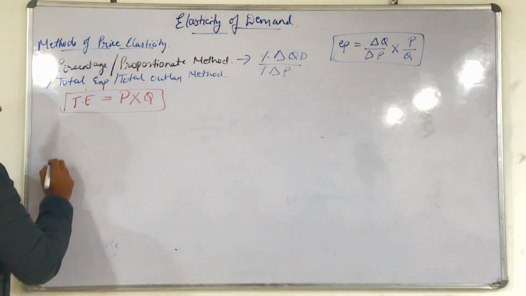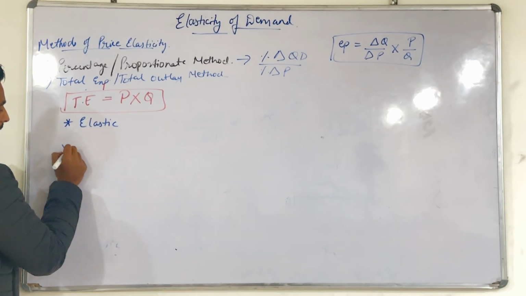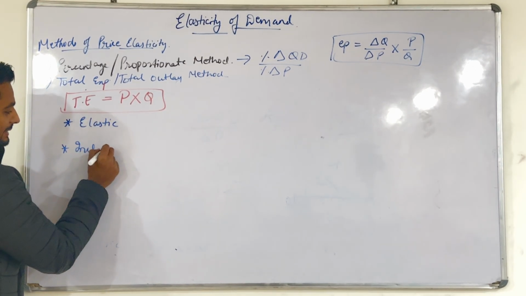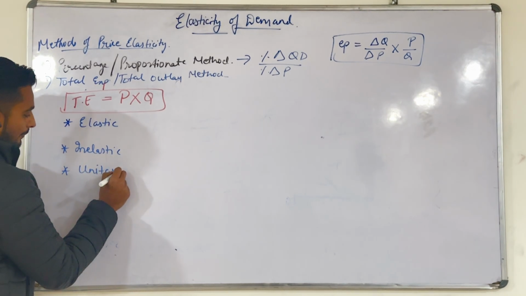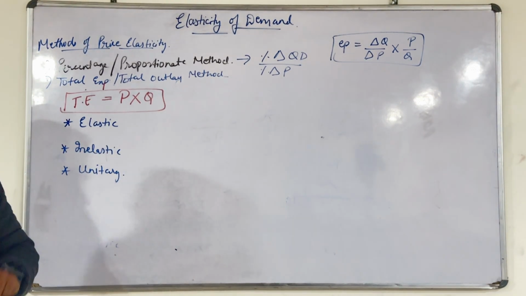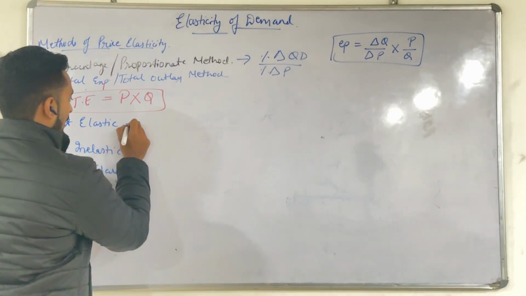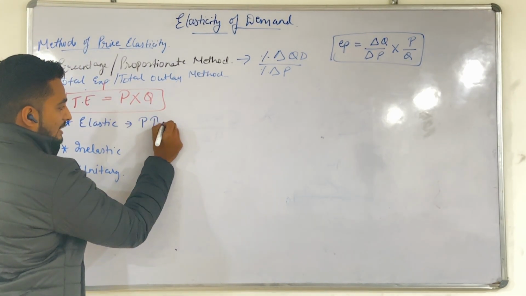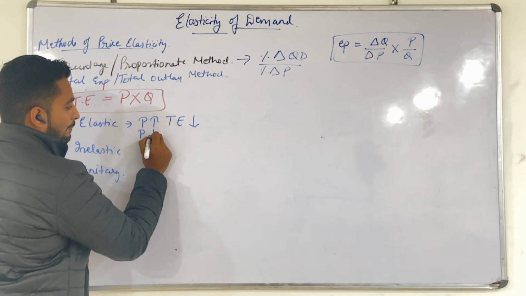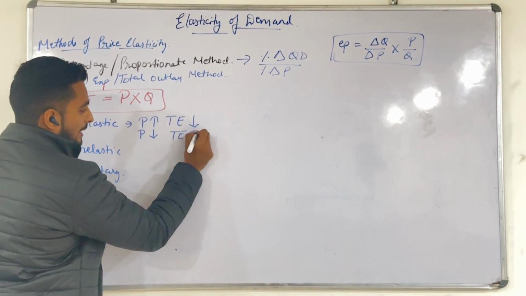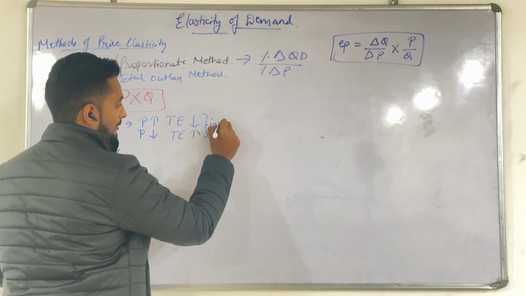Now, there are three types of total expenditure: elastic, inelastic, and unitary. Elastic means that when price increases, total expenditure decreases, and when price decreases, total expenditure increases, which shows inverse relation.